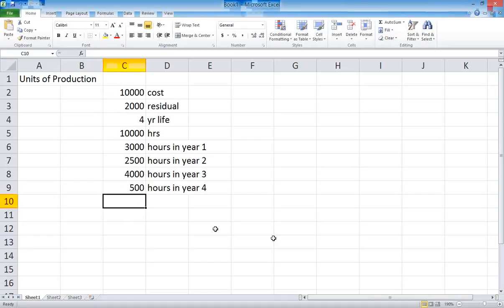Okay, in this case, these are pretty easy numbers to work with. So we would first have to determine our unit cost. In this case, it's going to be 10,000 minus 2,000, divided by 10,000, or the total number of hours.